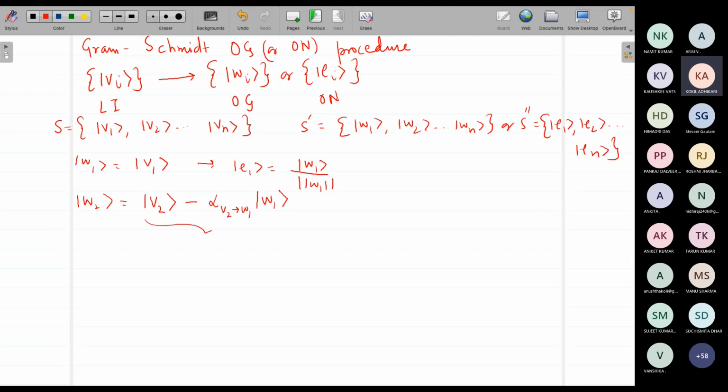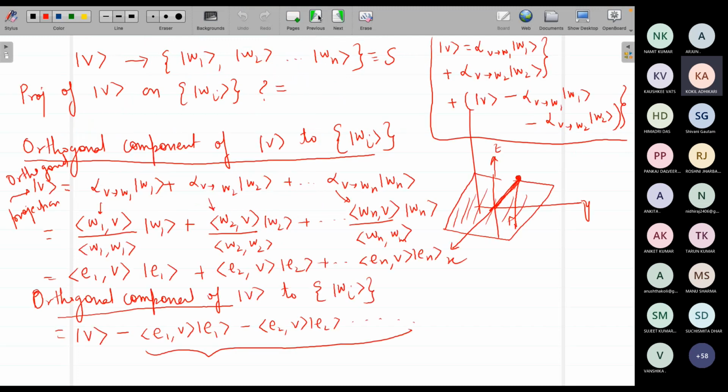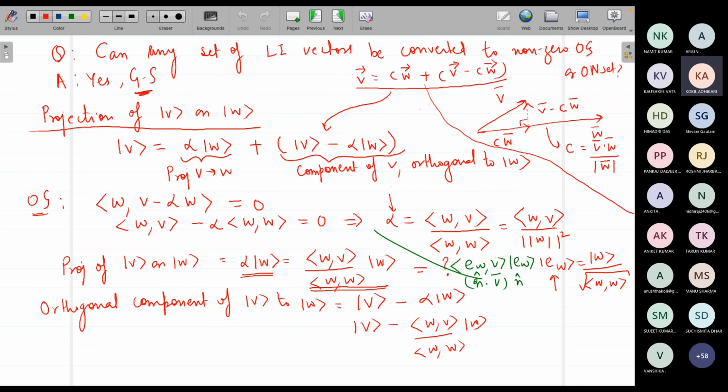If I choose this vector, please see in my previous notes, this vector is the component of V2 which is perpendicular or orthogonal to W1, when I choose alpha V2 as the projection of V2 on W1. So what is this alpha then? In the last class we did it. For those who want to see what we wrote on this page, let me just show it.